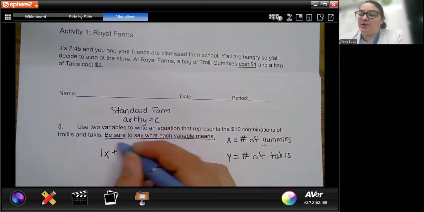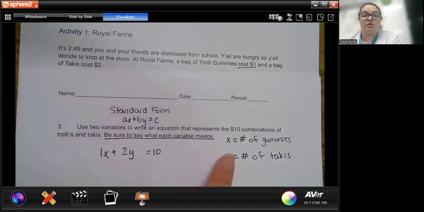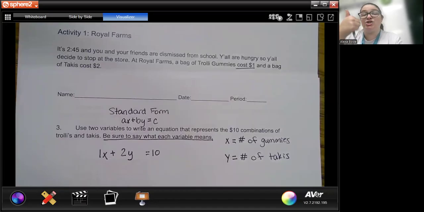Okay, so this here is my standard form equation. What I told you guys throughout this week, none of these numbers, not the 1, 2, or 10, none of them are my y-intercept, nor are they my slope. So we're used to writing stuff in the form y equals mx plus b, but the information in our story does not give me a starting amount that I have.